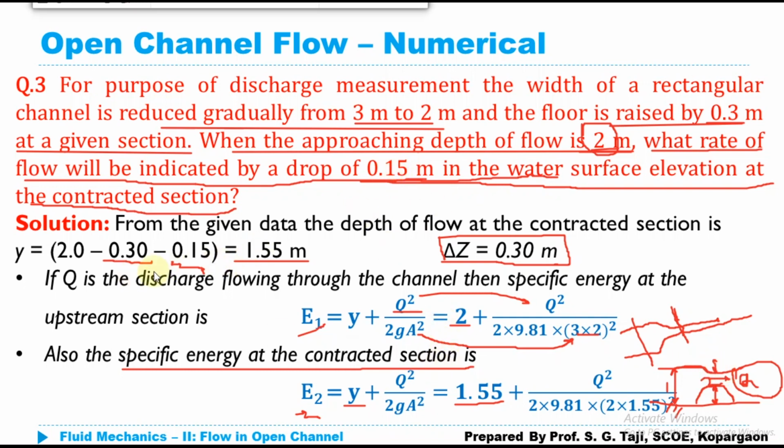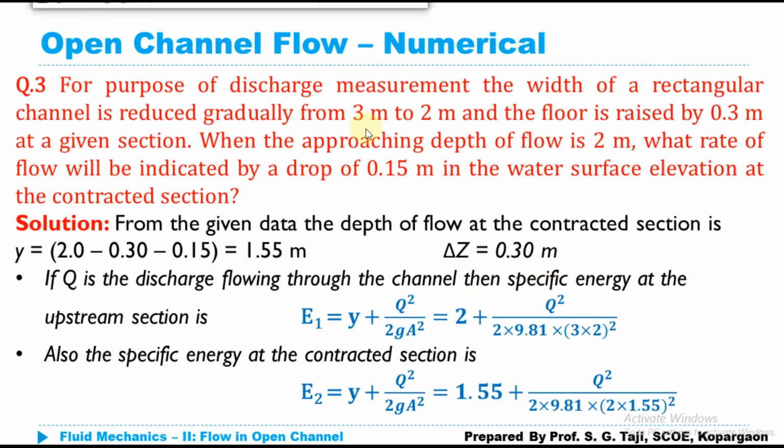So deducting 0.30 plus 0.15 from the original depth of flow at section 1, that is from 2, it comes to 1.55, plus q square, again unknown. This discharge will remain the same at both sections, divided by 2 multiplied by 9.81 multiplied by the width of channel at section 2, that is 2 meter, multiplied by the depth of flow at section 2, 1.55 whole square.